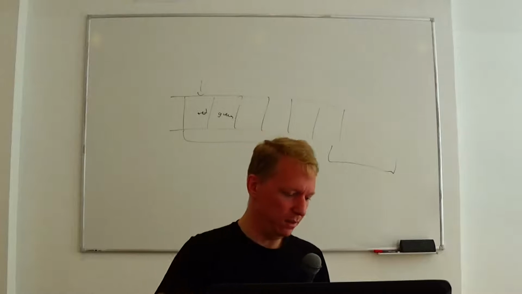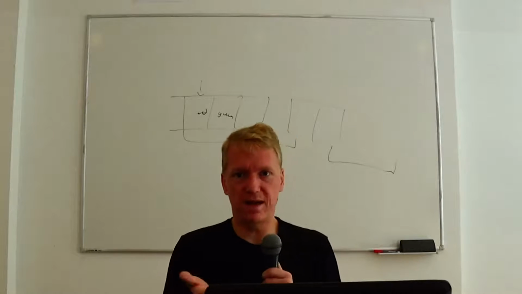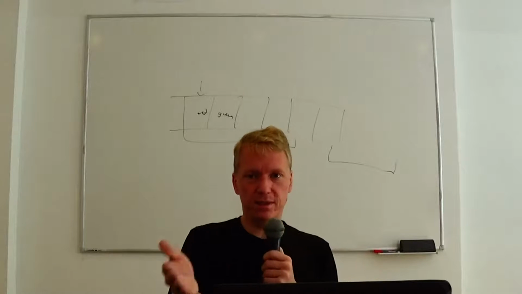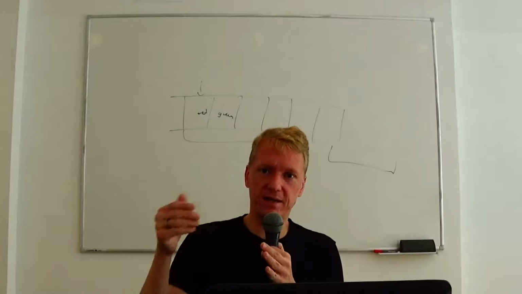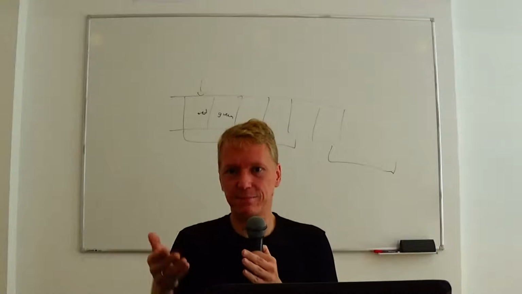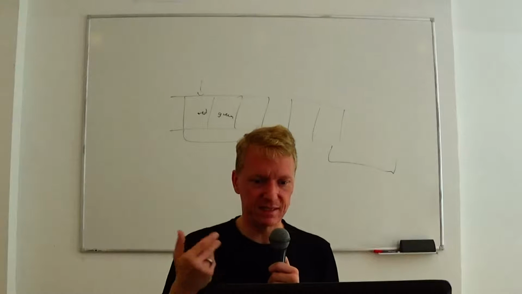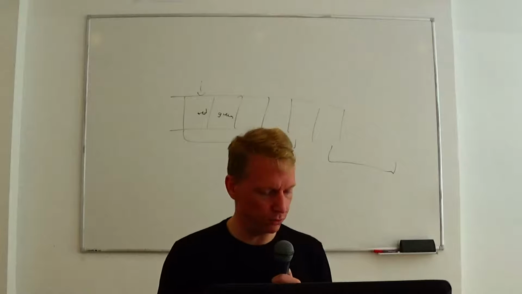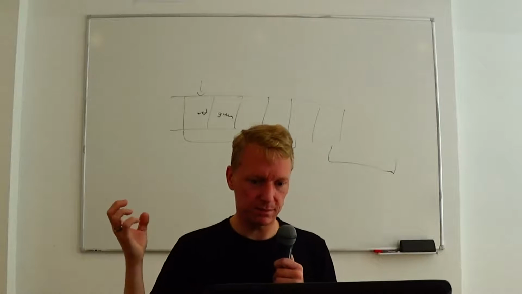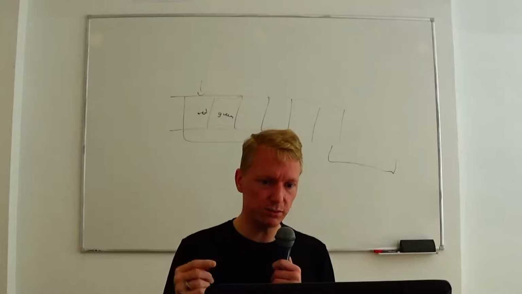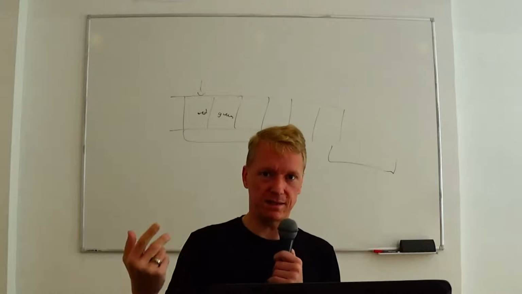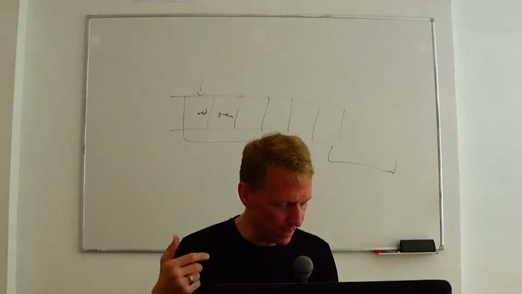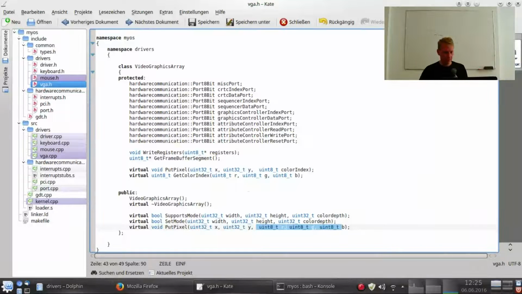So we might have only one light blue, and if we want to set one light blue or a different light blue, they might get drawn as the same light blue in the end, but this is supposed to be hidden from all the things that draw on the screen. Okay, the objects that draw on the screen are not supposed to know that you have only 8-bit color depth behind this. Okay.